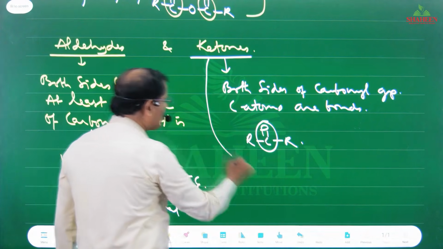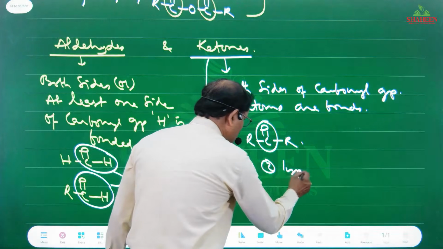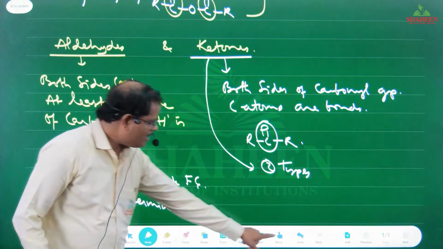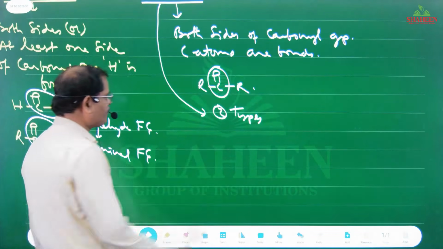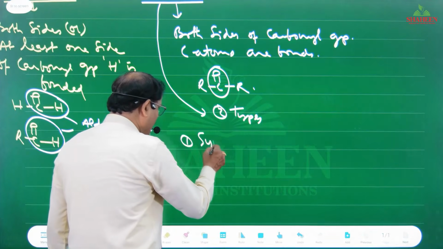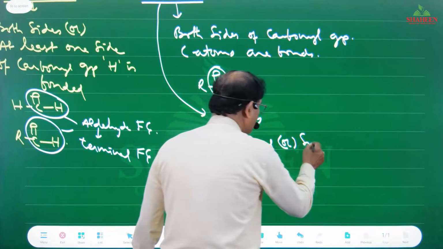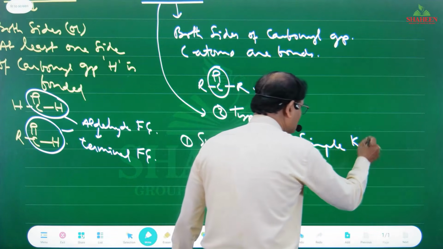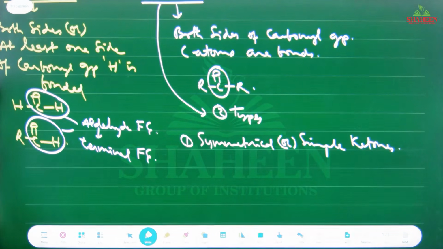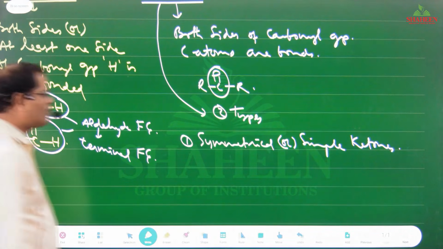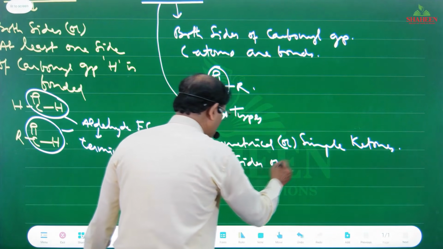Ketones, based on their structure, are divided into two types: symmetrical or simple ketones and unsymmetrical or mixed ketones. First is symmetrical or simple ketones, in which similar groups are bonded on both sides of the carbonyl group.